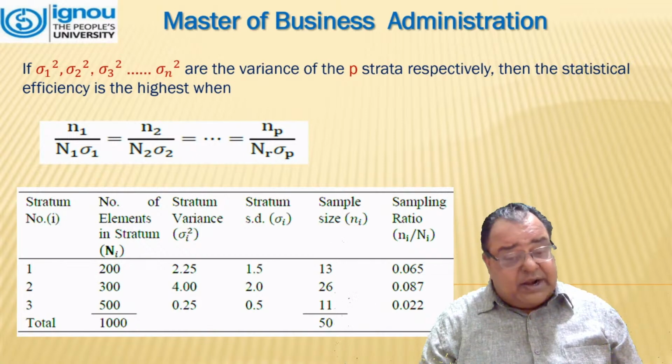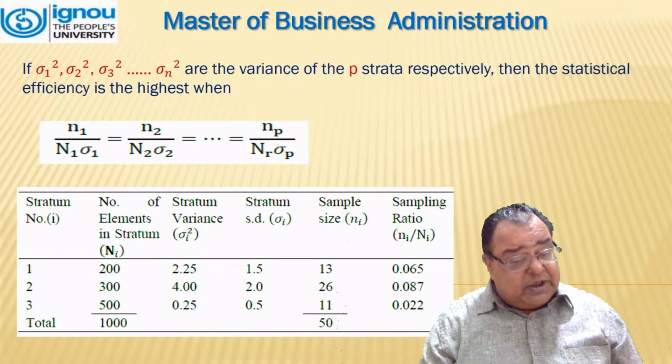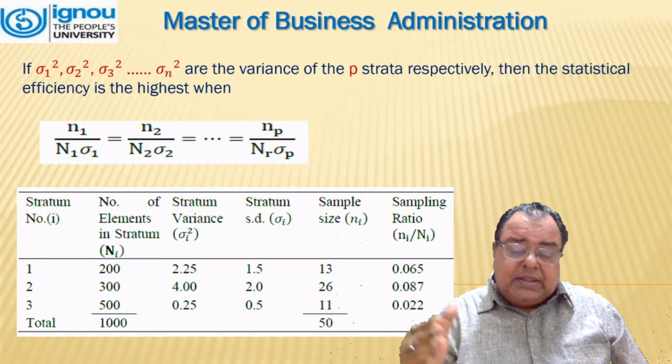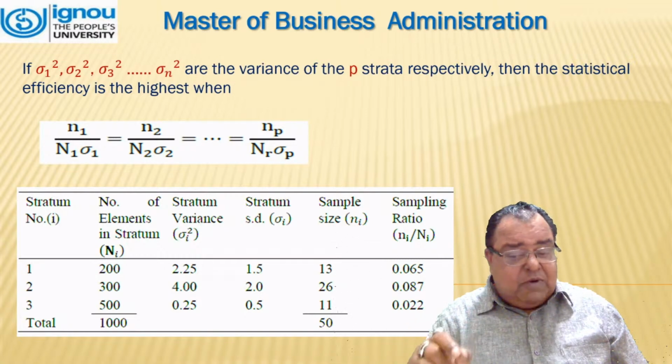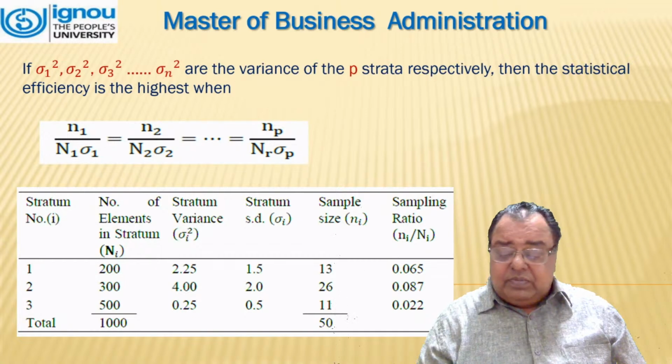The stratum standard deviation will be sigma 1, that is 1.5, the square root of the variance. For 4 it is 2, and for 0.25 it is 0.5. Sample size will be, because here we have different sample sizes, 13, 26, and 11. And the sampling ratio will be 0.065, 0.087, 0.022.